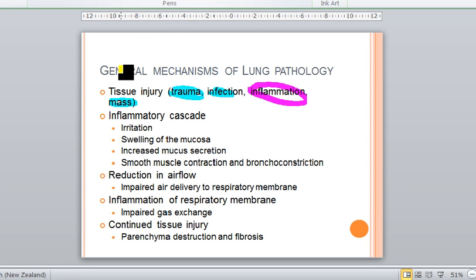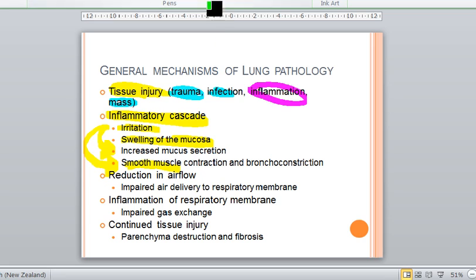But you do have tissue injury, and when you have tissue injury, you usually trigger the inflammatory cascade. The results of the inflammatory cascade are irritation of the tissue, swelling of the mucosa, and this irritation results in an increased mucus secretion and also in bronchoconstriction because of contraction of smooth muscle.